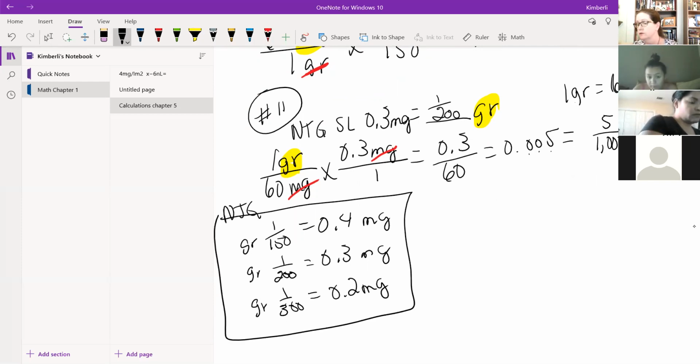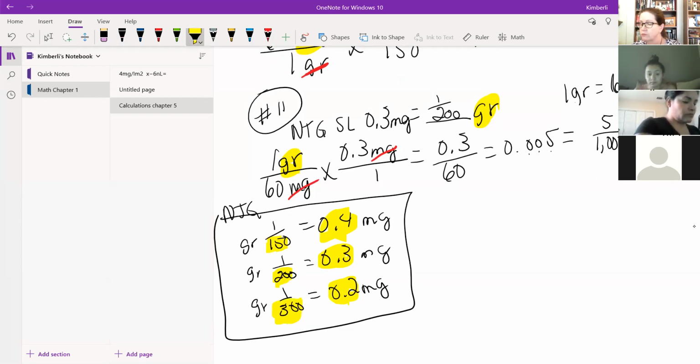And if you memorize those things, look at it this way. We have 150, 200, and 300. So the numbers on the bottom get bigger, and then the decimals get smaller. So 1/150 is 0.4, 1/200 is 0.3, and 1/300 is 0.2.